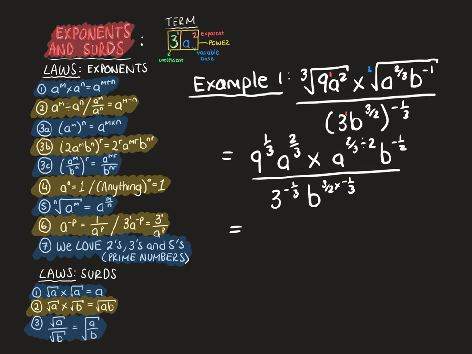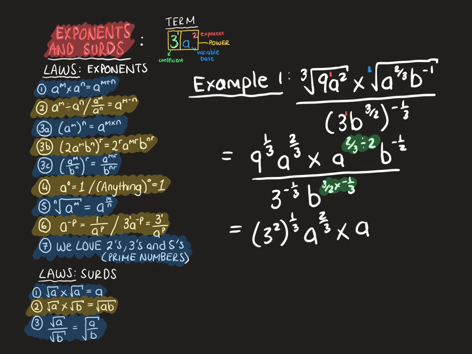Now, let's first start by simplifying these into just one fraction, okay? And then we can start looking for like bases. So let's change 9. We love prime numbers, don't we? So let's change 9 into 3 squared. Okay, there we've got a prime base of 3, and we've got a to the 2/3 times.